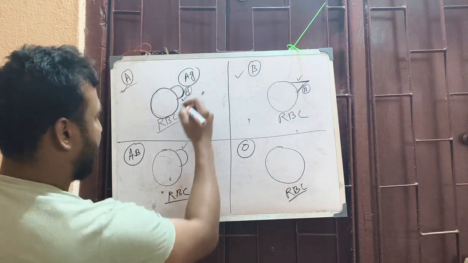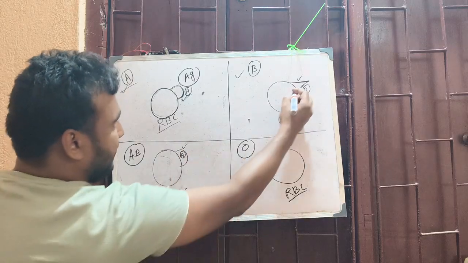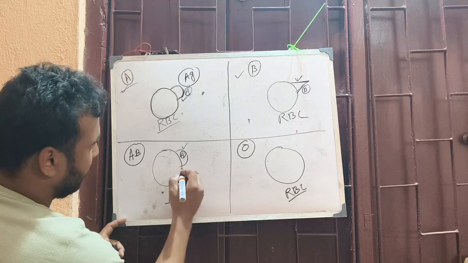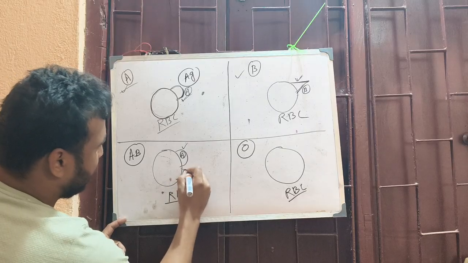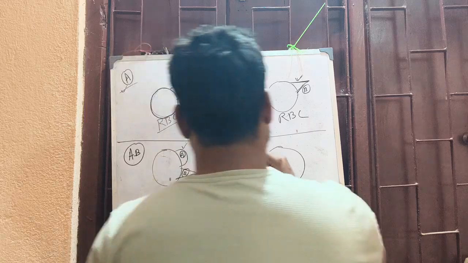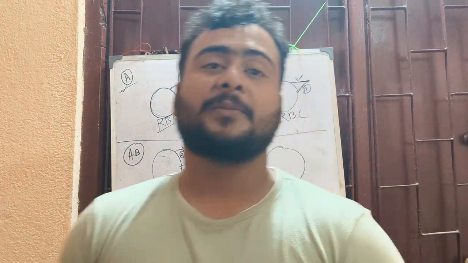This one is the A antigen, and the size and shape I have drawn is like a triangle. Now the B antigen will also be there. And in the case of the O blood group, someone will ask, what about the O blood group?